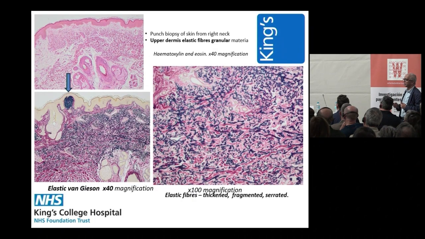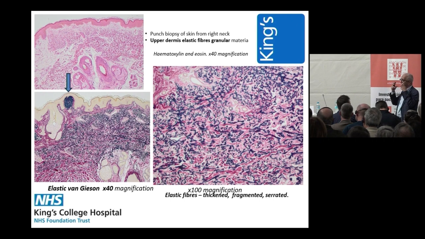And so what we did was we biopsied the skin. When we biopsied the neck area and the armpits, we found these typical areas of clusters of elastin fibers. And you see these typical changes where the elastin fibers become very, very thick, and they're very noticeable.